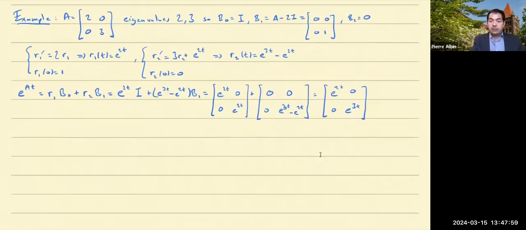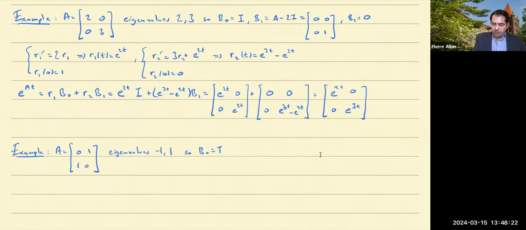Right? Next, let's compute the exponential of the matrix 0, 1, 1, 0. Okay, so last time we computed the eigenvalues. They are -1 and 1.